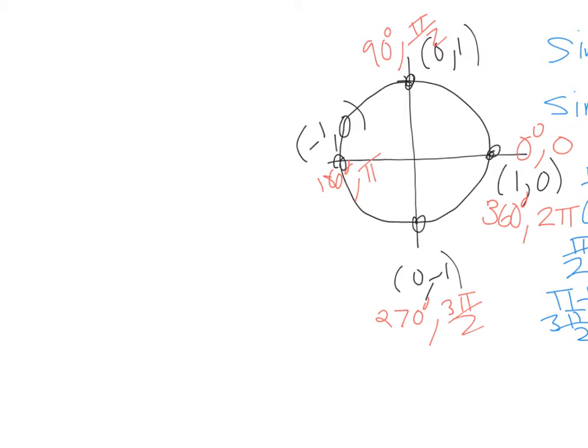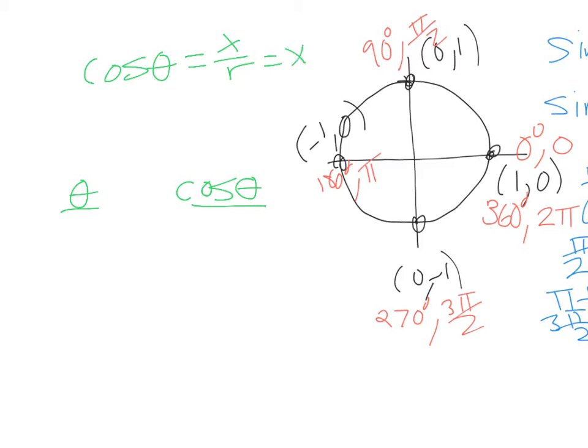Let's do cosine. If we think about how the angle is moving, starting from 0, going all the way to 360 or 2 pi, let's think about what's happening to the ratio. Because we're in the unit circle, we're thinking of r as 1, so we're really just looking at x over r, but since r is 1, we're just looking at the x coordinate.